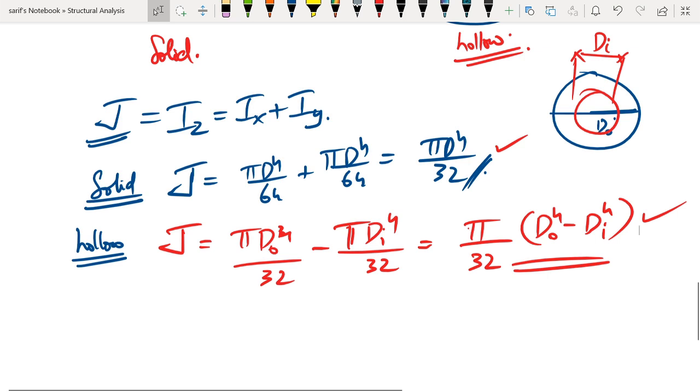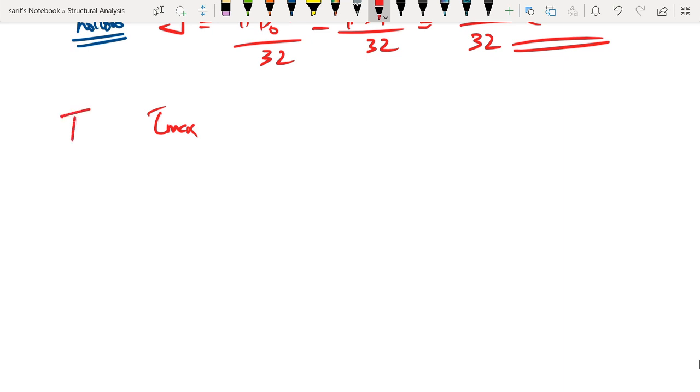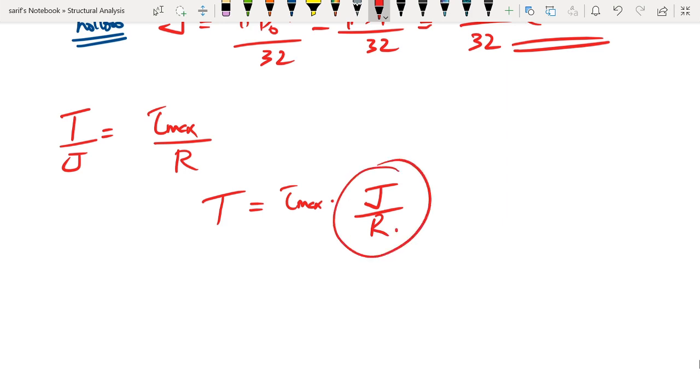We also have to learn one more quantity which is known as the polar section modulus, and we know that from the equation that we have learned, T divided by J is equal to tau max divided by R. So if you rewrite this equation, the torsional moment of resistance T is equal to tau max multiplied by J divided by R. So this particular term we call the torsional section modulus.